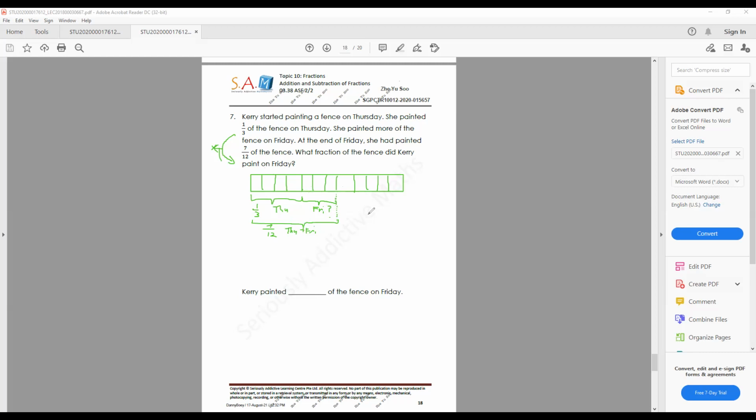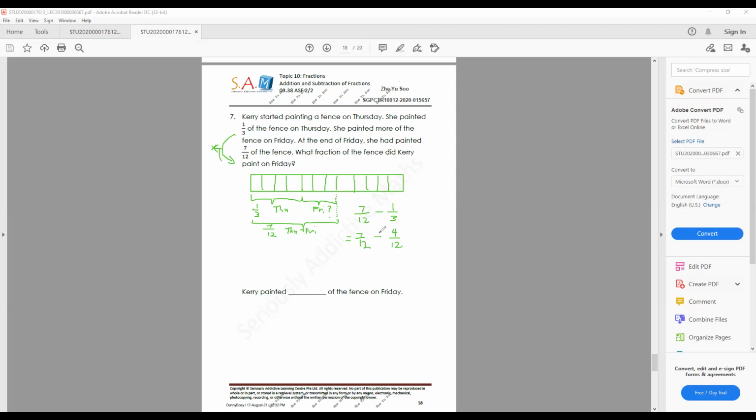So how do you do this question? It's 7 out of 12 minus 1/3, which is the same as 7 out of 12 minus, converted to the same common denominator. 3 times 4 equals 12. 1 times 4 equals 4.